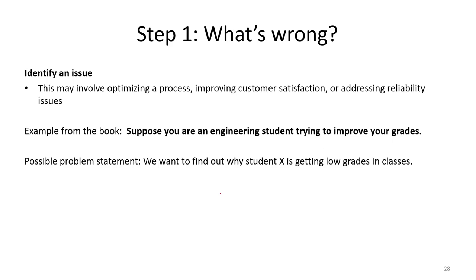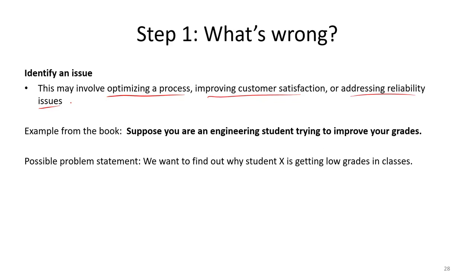Our first step is to ask us what's wrong. And pretty much this issue or problem, it could be any number of things. Maybe you need to optimize a process. Maybe you need to reduce cost, improve customer satisfaction, solve a reliability problem. Could be a lot of different things.